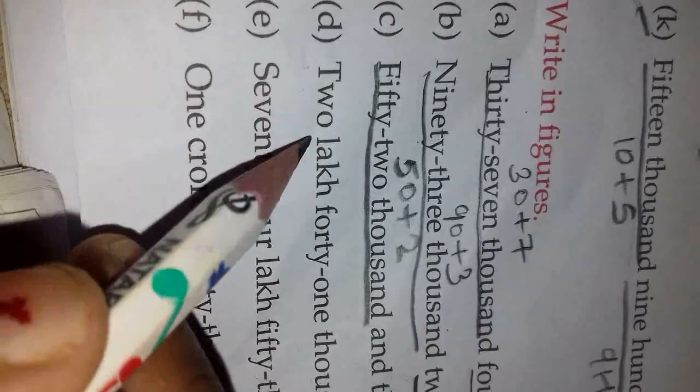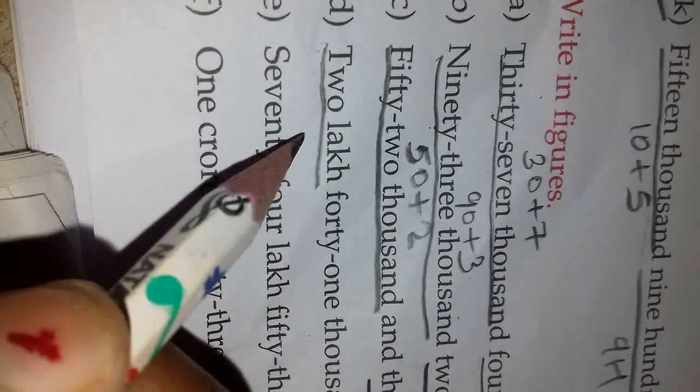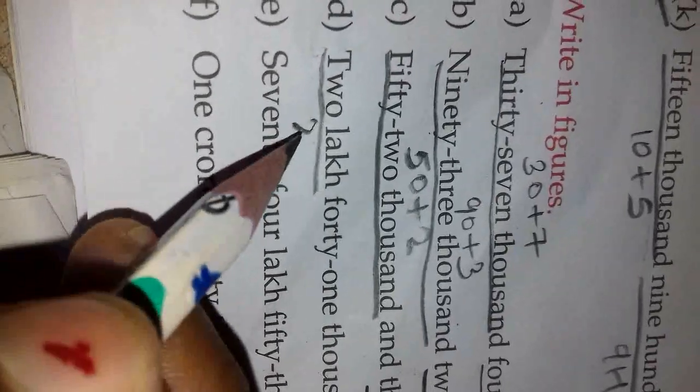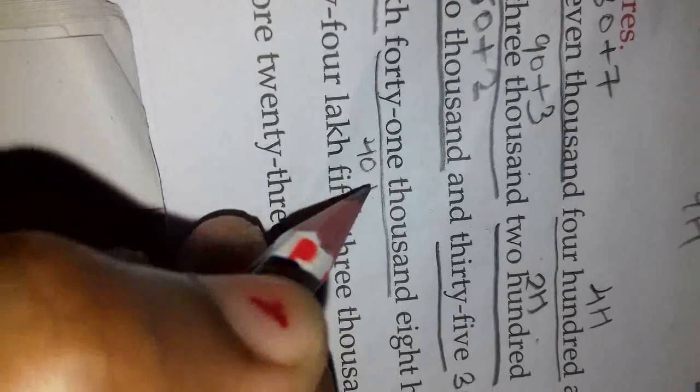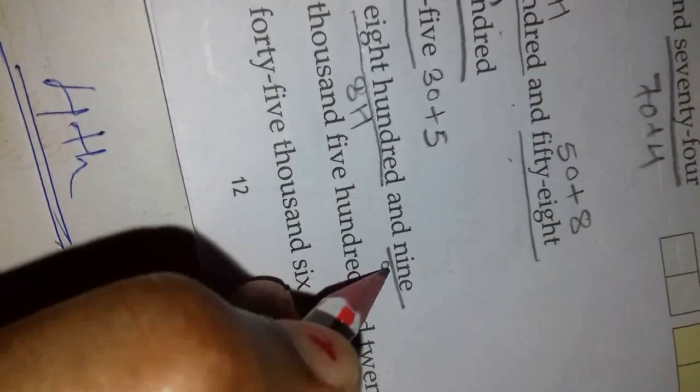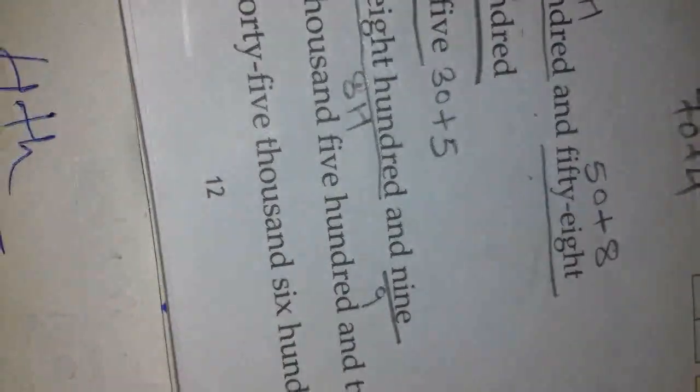D. 2 lakh. You can see here lakh period is given, at lakh place it is mentioned 2. 41,000 means 40,000 plus 1,000. 800 at 100 place 8, and 9 at ones place. So how will we write this number in figure? You can see this is the period block for this number. We start writing from the right side. In ones period we have 809. 800, tens place is not given, so 0, and 9.